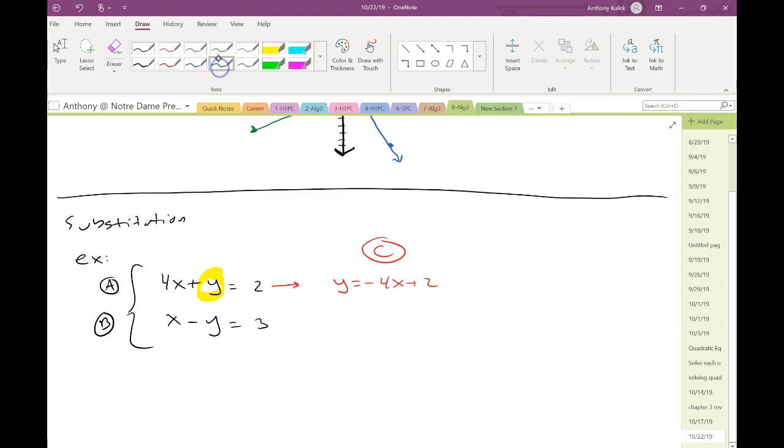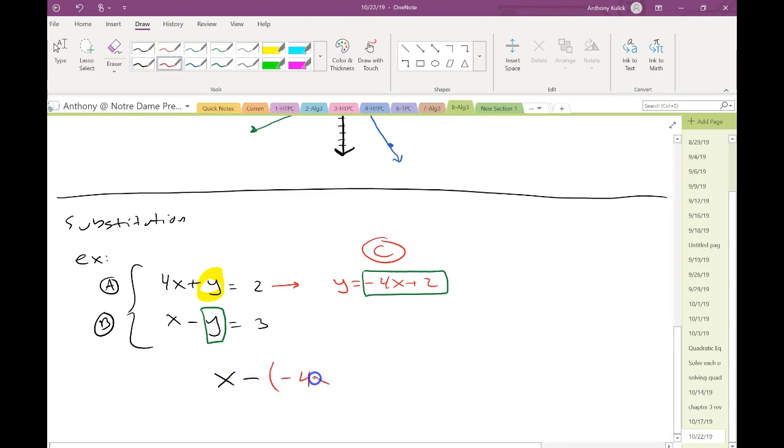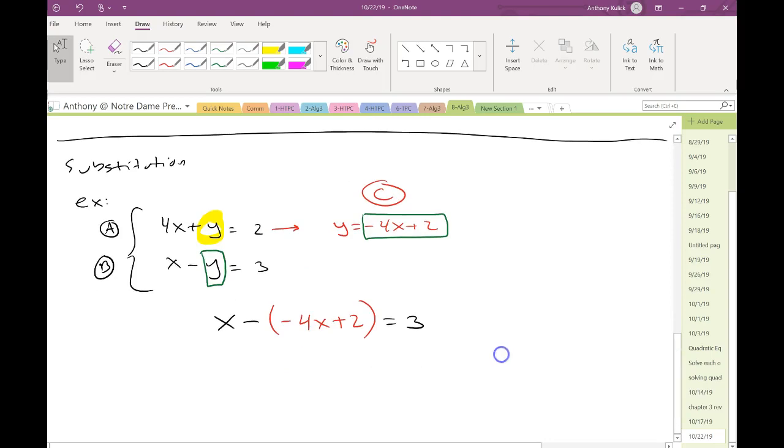So what I do now is I'm going to substitute in what y is equal to for the y in equation B. And what I'm left with now is just one equation with one variable.